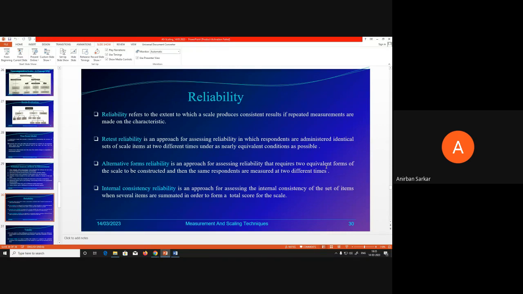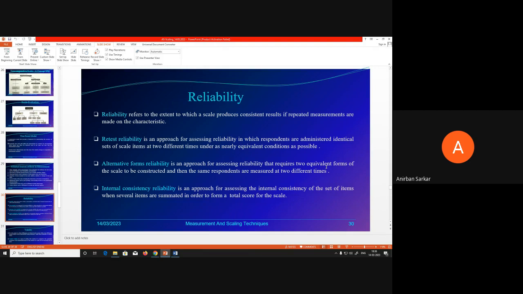So suppose you are administering a questionnaire to the respondents, and after say 2 or 4 weeks, you go to those same respondents with the same questionnaire, but the language of the questionnaire is changed, same scale you are using, and you try to find out the correlation between the results. So say in the first week of March you have administered the questionnaire.